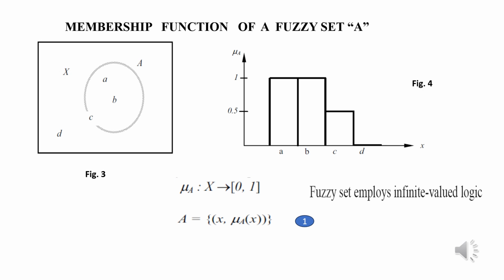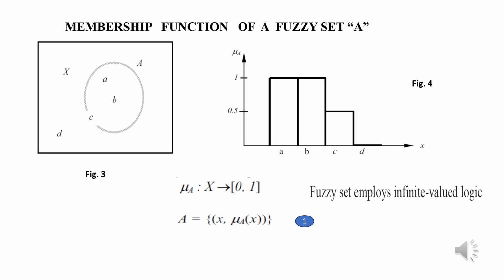In figure 3, elements A and B belong to the set A. Therefore, their membership function takes the value 1. Element D does not belong to the set A. Therefore, its membership function takes the value 0. Element C is neither inside the set A nor outside the set A. Therefore, its membership function can take the value in between 0 and 1.